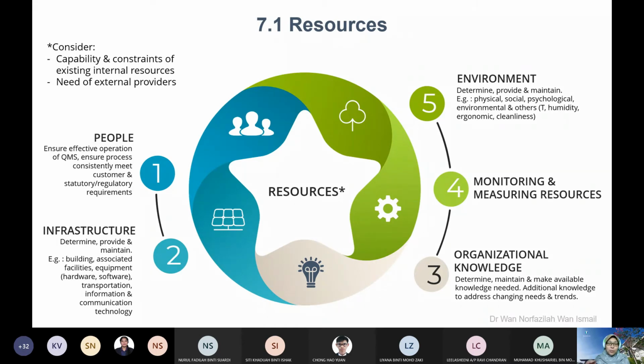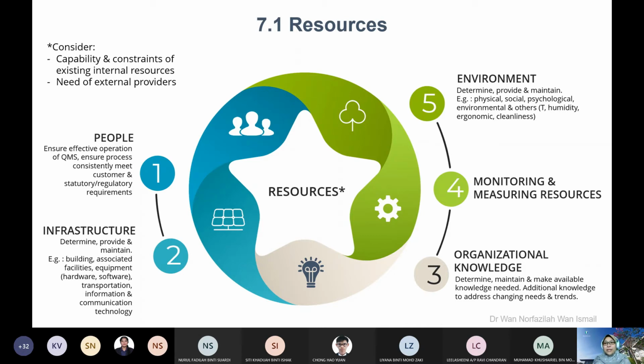Infrastructure pun sama, monitor the performance of the equipment and measure their performance. How to do it? You might use statistical data analysis. Bell shape lah apa semua tu ada dekat industri. That is how they monitor the resources. And then the last one, not only people, infrastructure, organizational knowledge, another resource is environment.